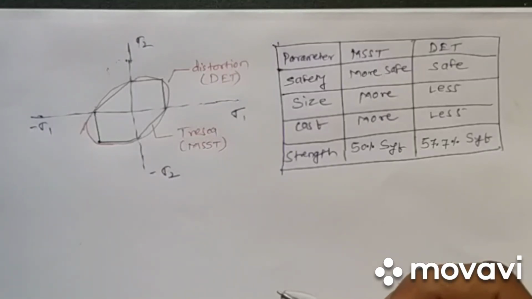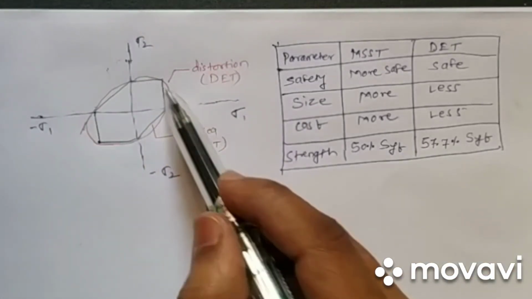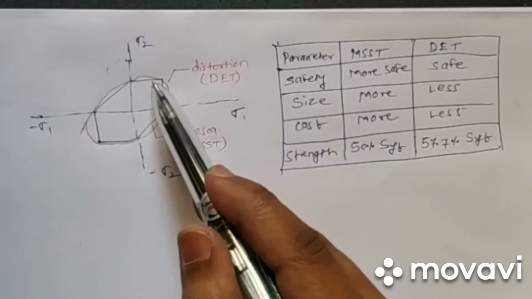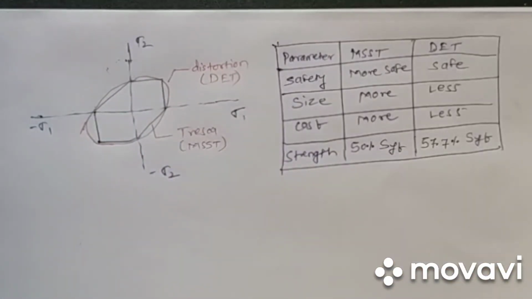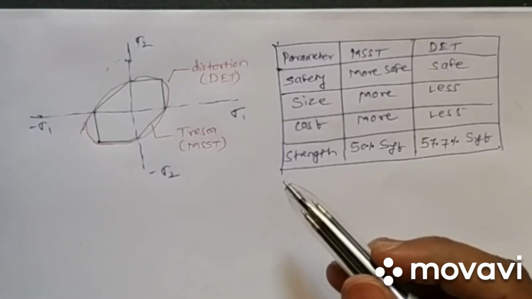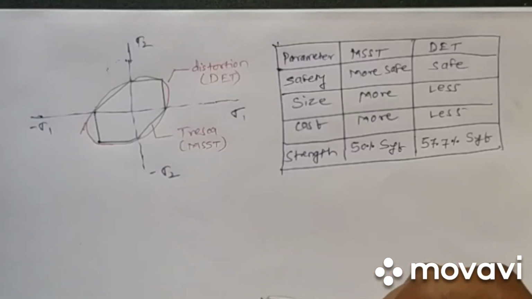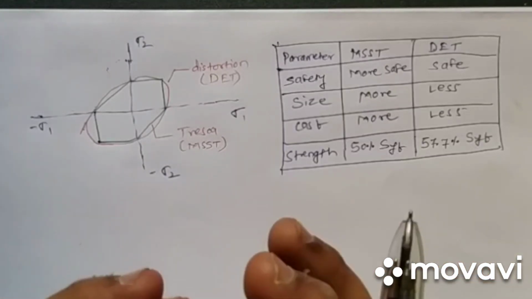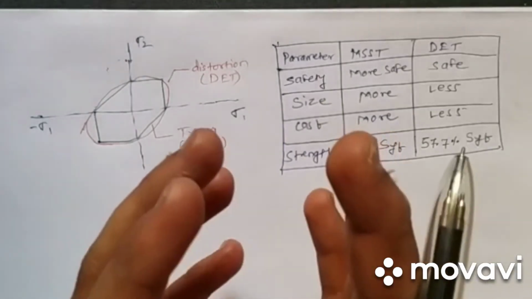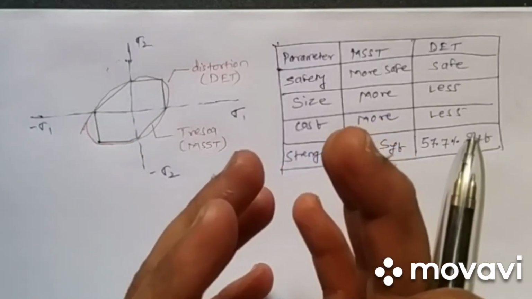I hope I covered all the theories. I haven't gone into the derivations of how this shape has come up, because if I had included them the video might have become lengthier. I tried to cover more basics: what the shape and the meaning of this theory are, how it can be derived, what the basics are, and how the strain energy is calculated.